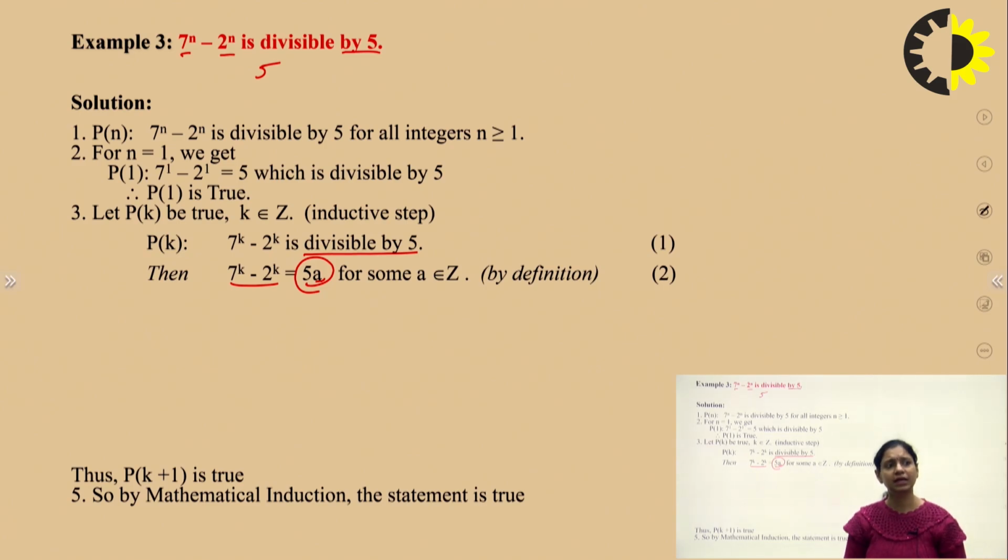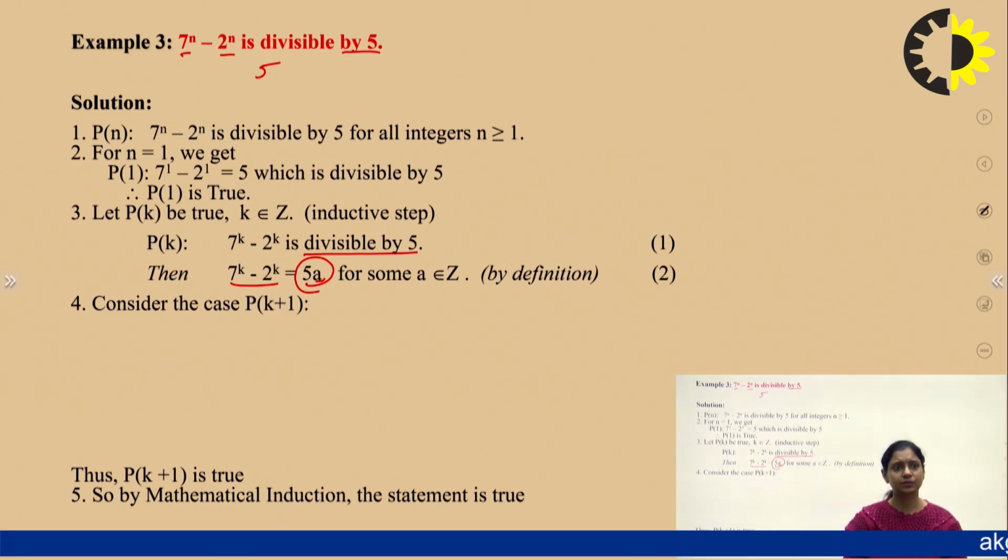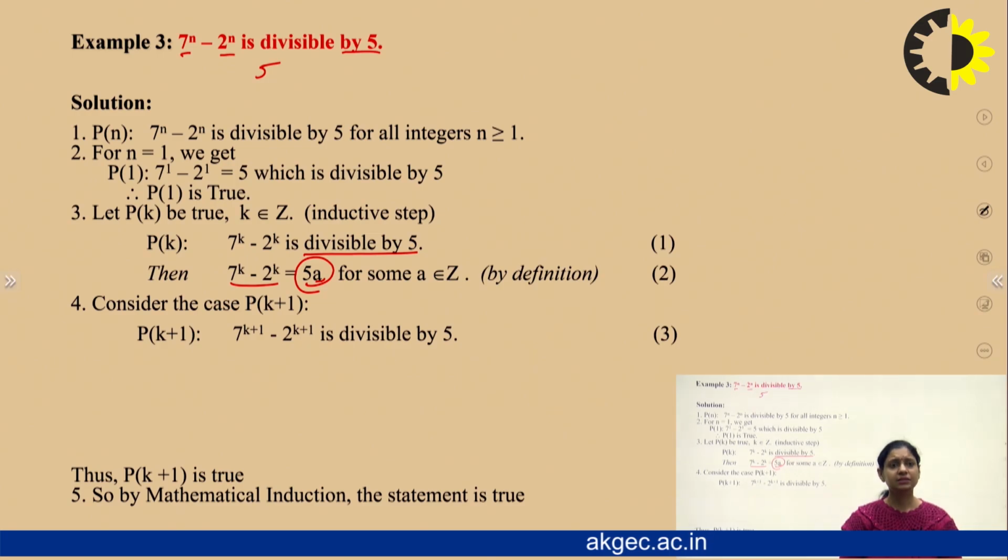So 7 to the power k minus 2 to the power k is equal to 5 multiplied by some factor, that is again an integer. Now let's consider the case Pk plus 1. What we basically have to prove is that 7 to the power k plus 1 minus 2 to the power k plus 1 is divisible by 5.